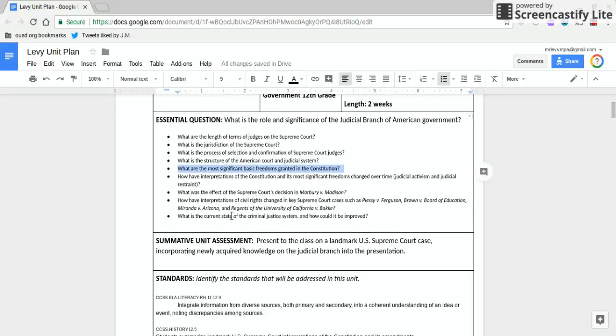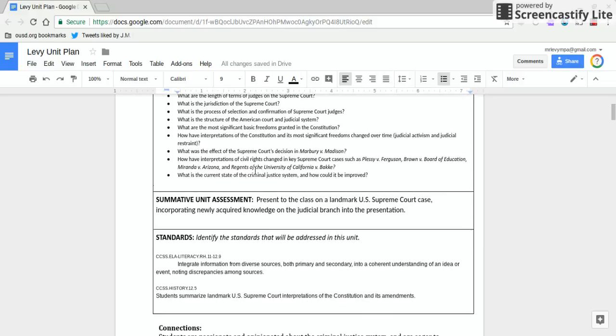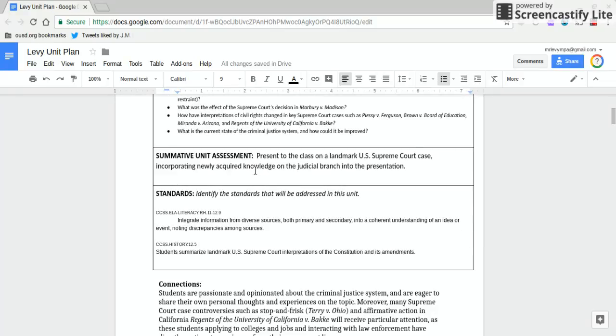And then throughout the unit, the part that I think serves as the best hook for students centers around the current state of the criminal justice system and how it could be improved. This is something that I also use to bring in a social justice component into the unit, and it's a great opportunity for students to share their experiences and integrate multiple sources of evidence with those experiences as well.